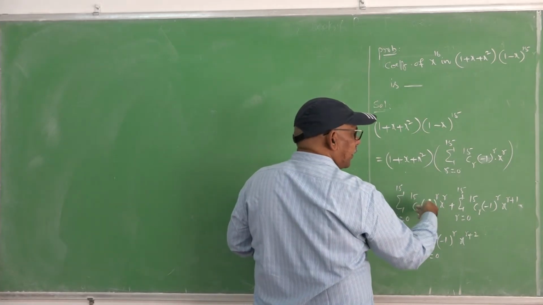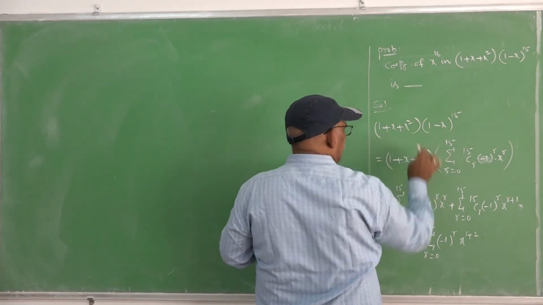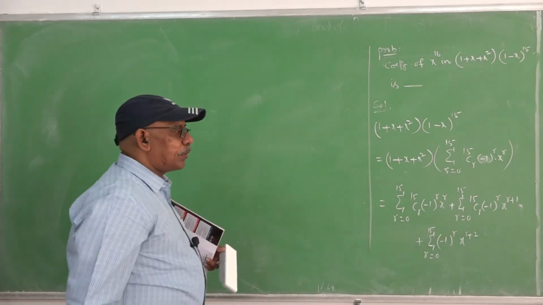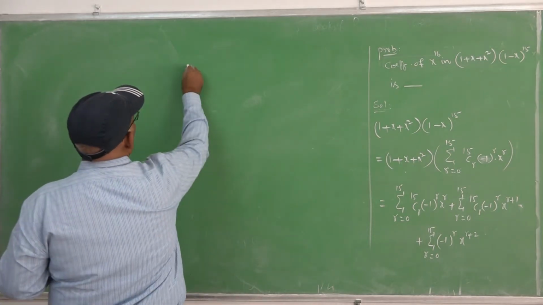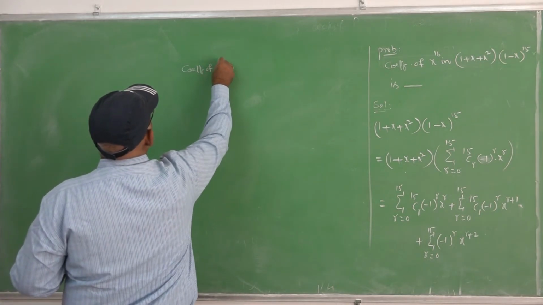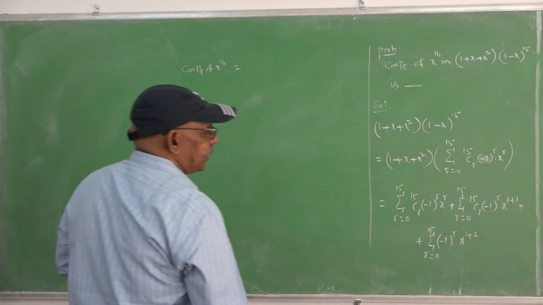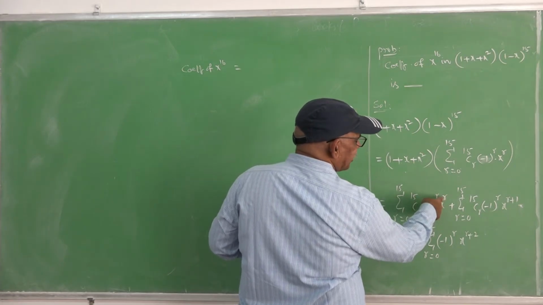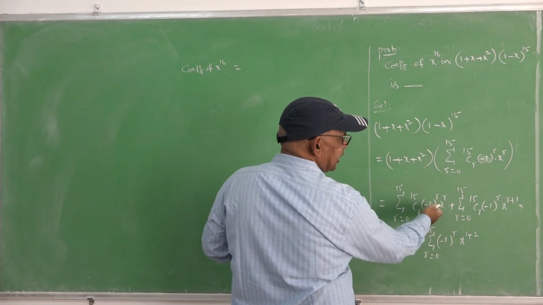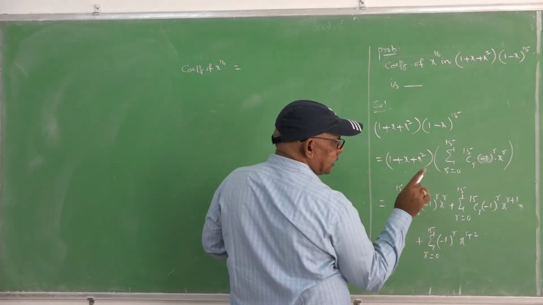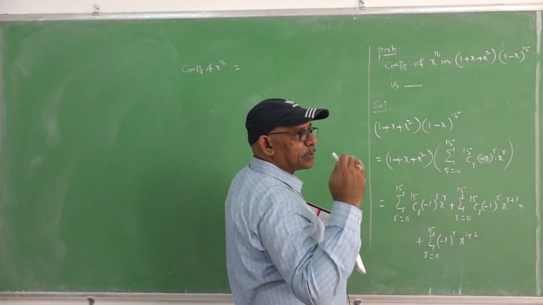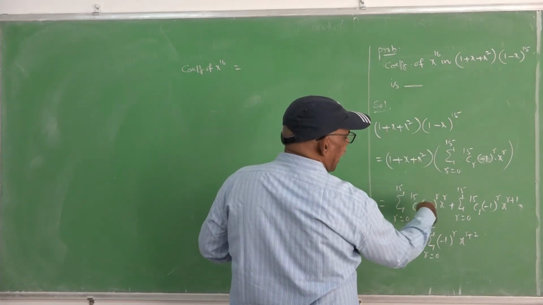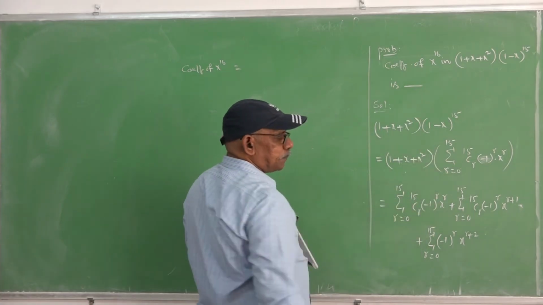So out of all those powers, the term in which we get x power 16 should be picked up here, so that the coefficient of x power 16, the required coefficient, is obtained. Once you take r equal to the maximum value 15, we get x power 15 only. We do not get x power 16 in this expansion, because this expansion consists of only terms up to x power 15. But we are in need of the x power 16 coefficient, hence you do not find such a term in this expansion.